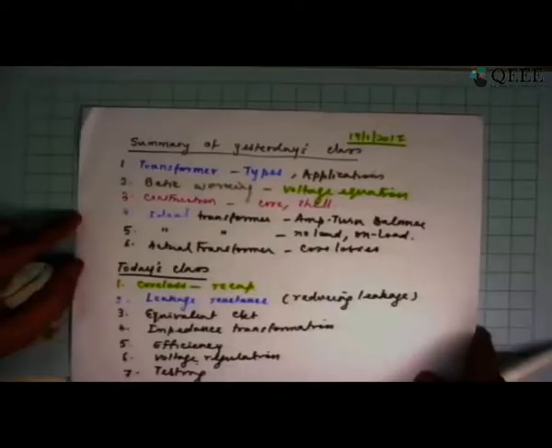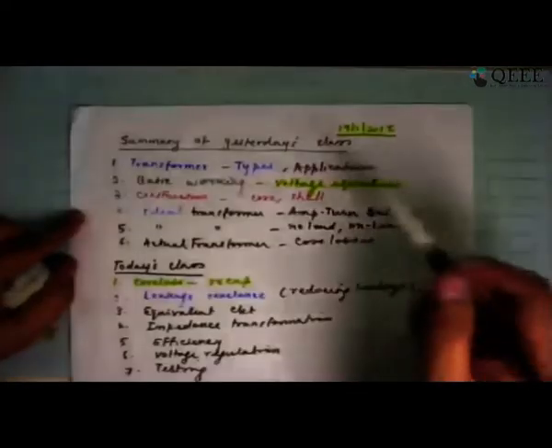Good afternoon. We had taken a look at transformer basics yesterday. If you look at what we had discussed yesterday, we first started with the applications of transformers and their types.